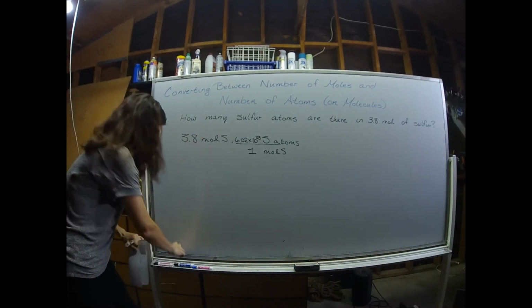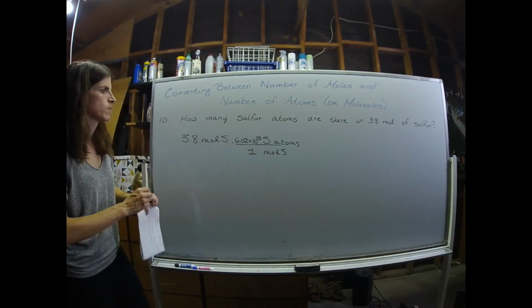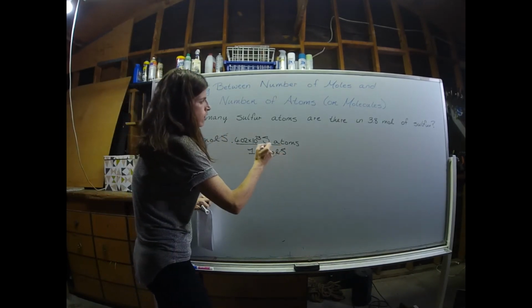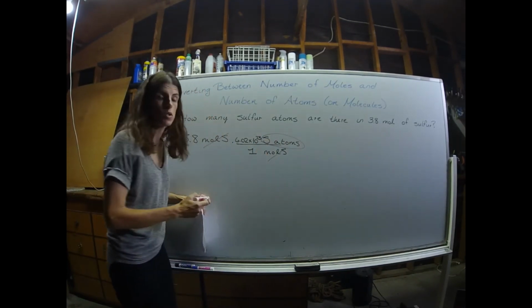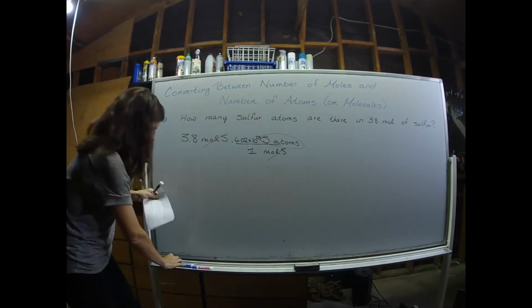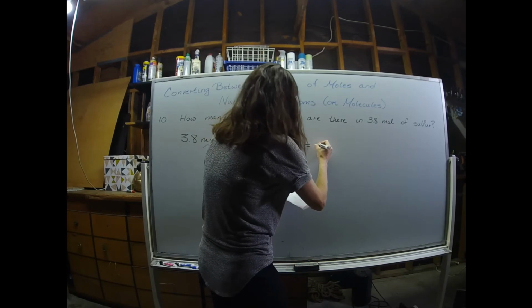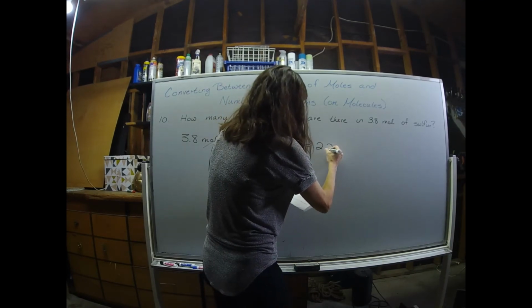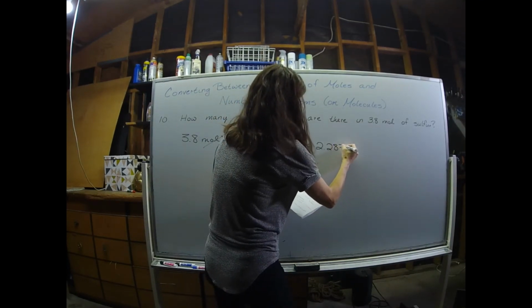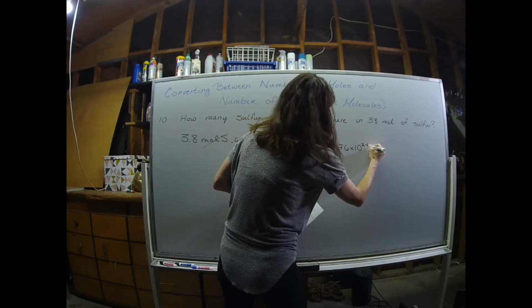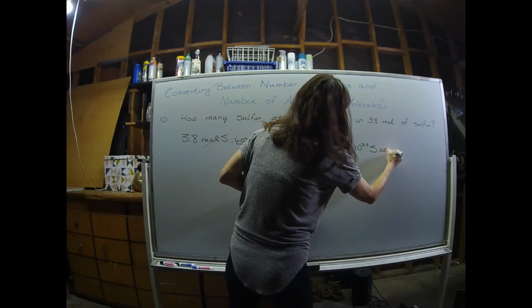So you're going to multiply, cancel moles of sulfur, leaving us just with sulfur atoms. And I got a value of 2.2876 times 10 to the 24th sulfur atoms.